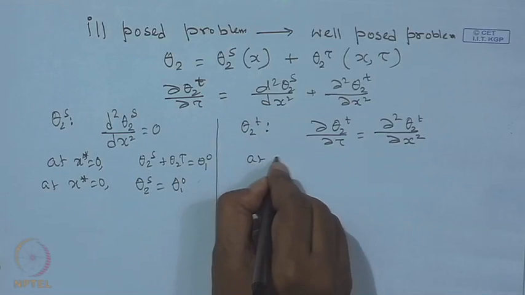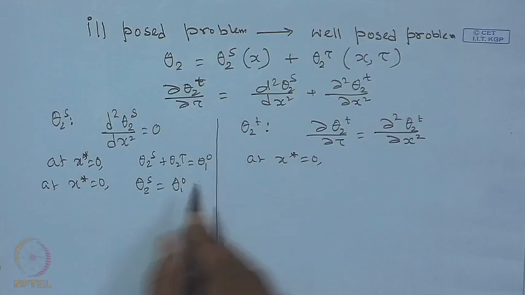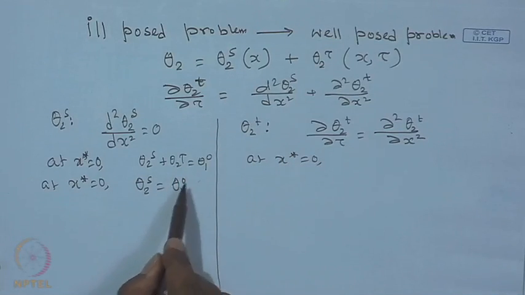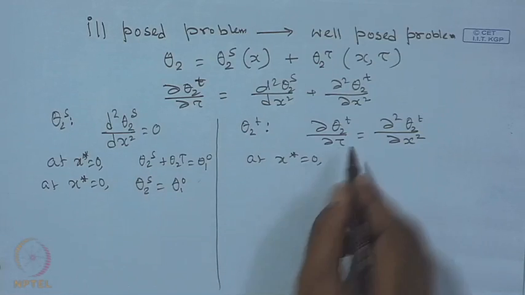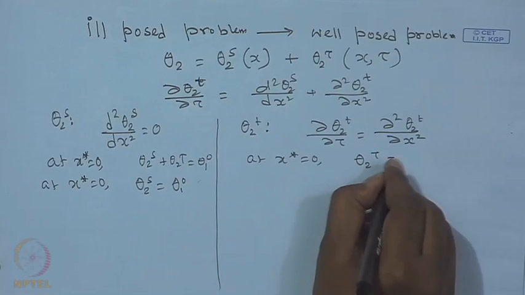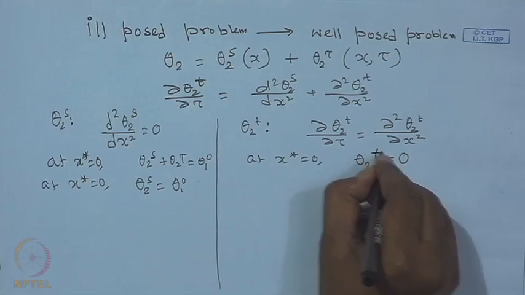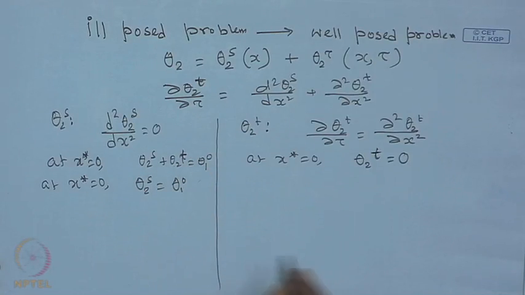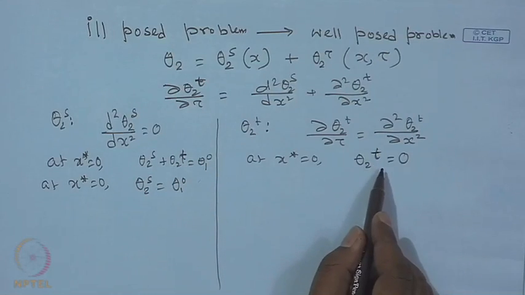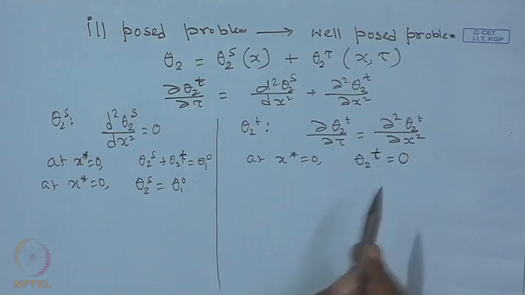At x star is equal to 0, since we have associated the non-homogeneous part with the steady state solution, theta 2 t must be equal to 0. That simply makes the corresponding boundary condition of the transient solution homogeneous.